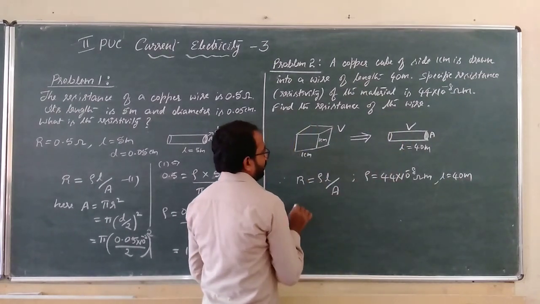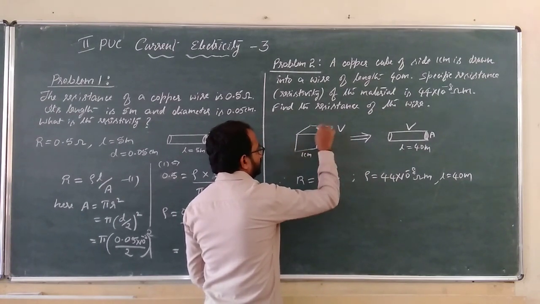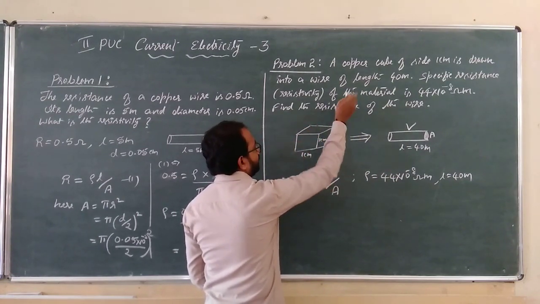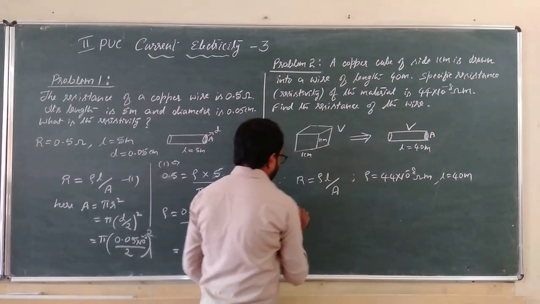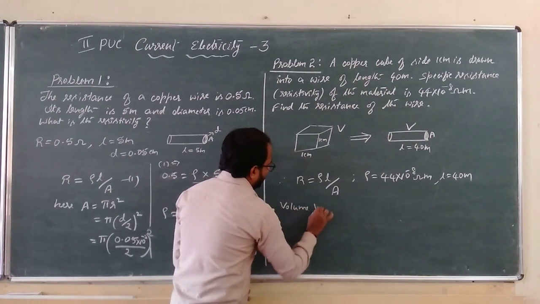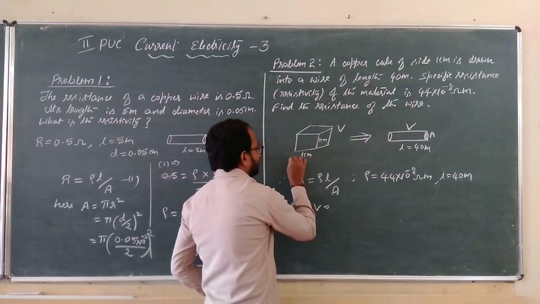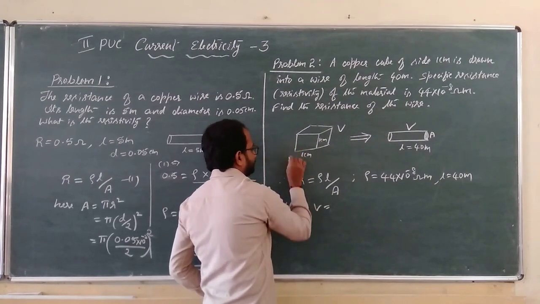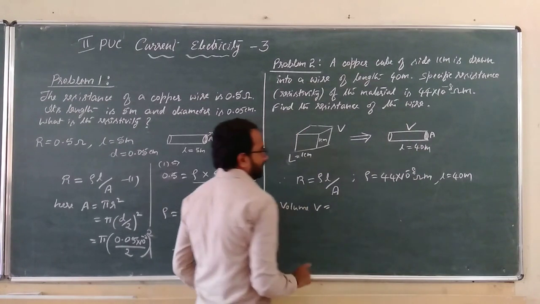Now, how to find the volume? The side of the cube is given, so using the cube I can calculate the volume. V is equal to L cube. I'll write capital L, because small l is the length of the wire.